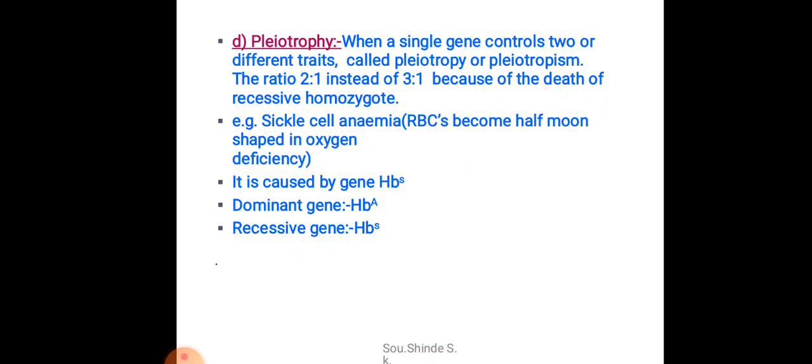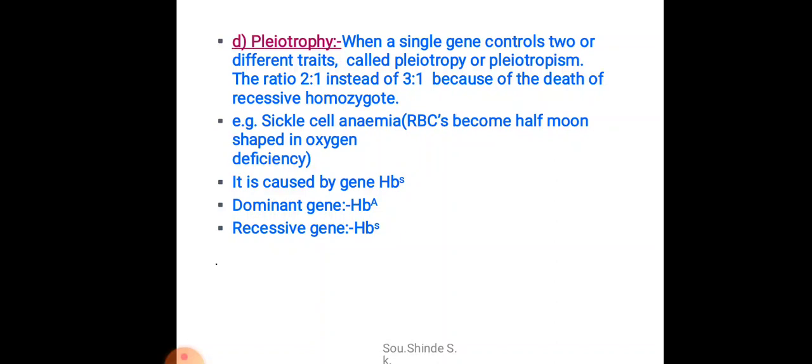Next term, pleiotropy. It is an intergenic interaction. Intergenic interaction is a non-allelic interaction and it occurs between the alleles of different genes present on the same or different chromosomes. One example of intergenic interaction is pleiotropy.